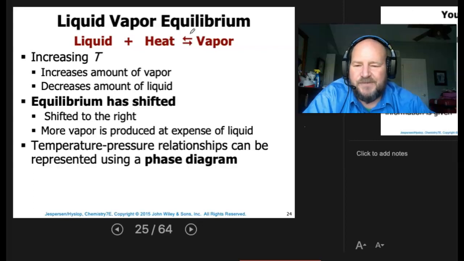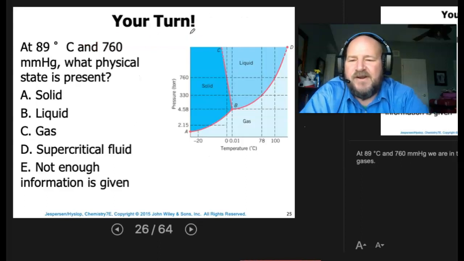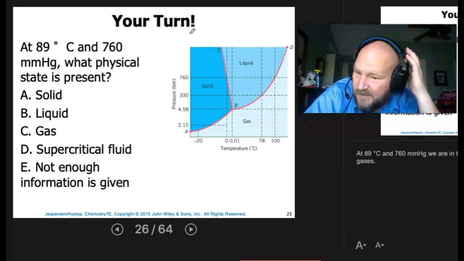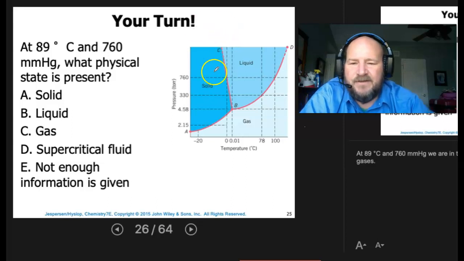Temperature-pressure relationships can be represented using a phase diagram. So at 89 degrees C and 760 millimeters of mercury, what physical state is present? Solid, liquid, gas, supercritical fluid, or not enough information given?